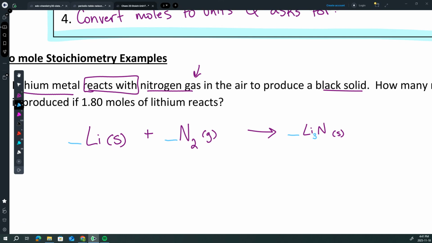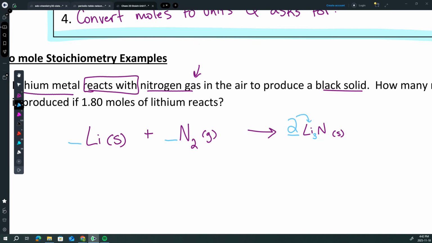I am going to arbitrarily start with nitrogen here, because that might be a trickier one to balance, just because it's got the 2 for the subscript there. So I have 2 nitrogens going in and only 1 coming out. That means I'm going to have to put a 2 coefficient here to make sure I have 2 nitrogens going in and 2 nitrogens coming out.